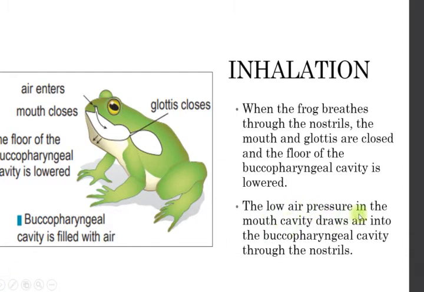Next, the low air pressure in the mouth cavity draws air into the buccopharyngeal cavity through the nostril. So now the air enters through the nostril into the buccopharyngeal cavity because it has a low air pressure.